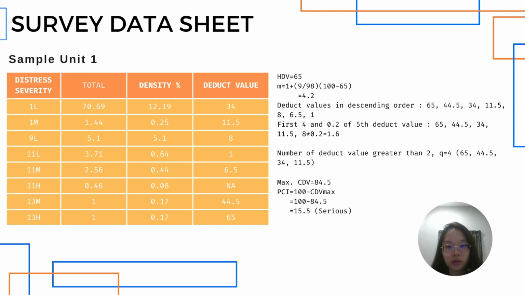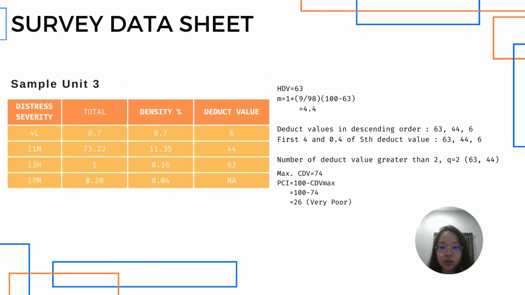In sample unit 1, which is the first unit of the 1 km road, we have detected the distress severity, density, and also the deduct value of this sample unit. And at last, we have obtained that the PCI for this sample unit is 15.5, which means the road is in serious condition.